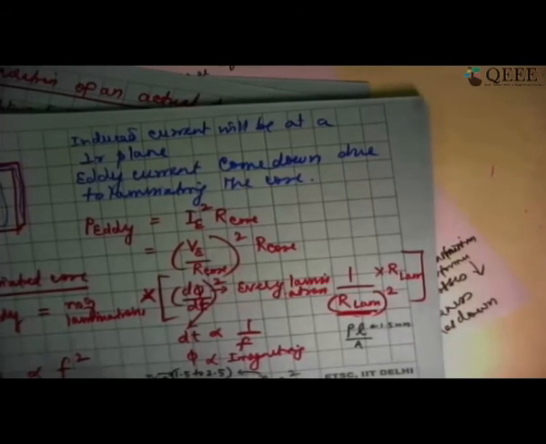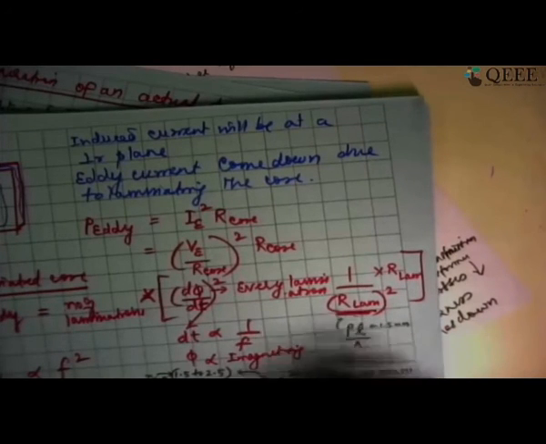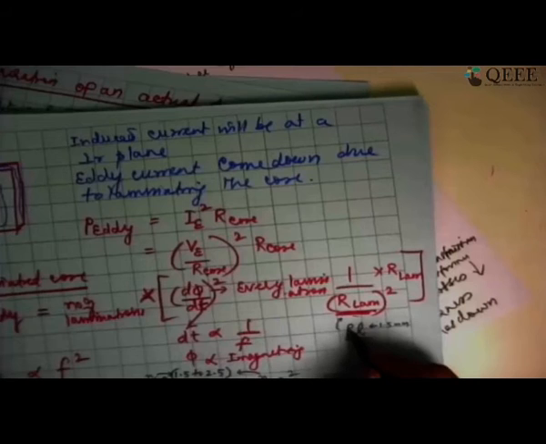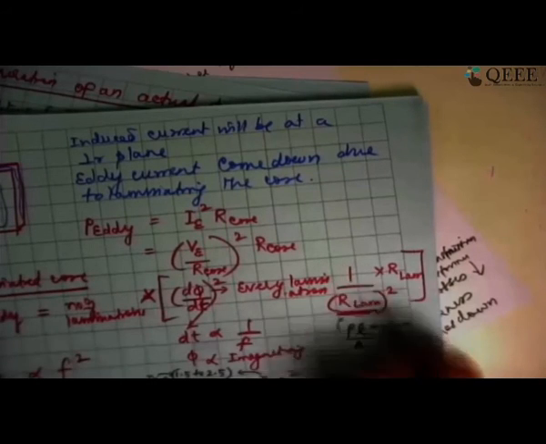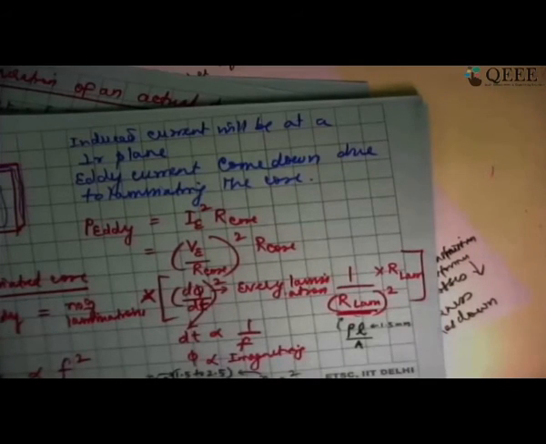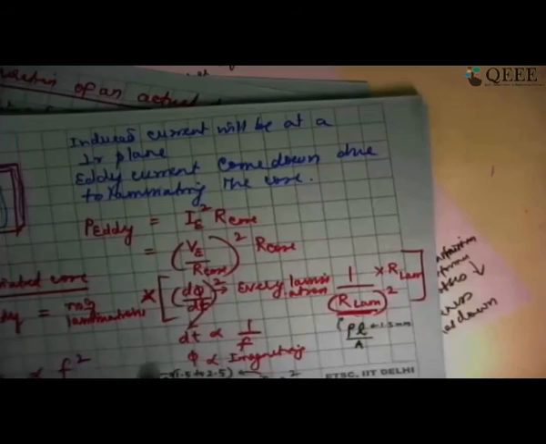So you are going to have the whole thing calculated for every lamination, depending upon the rho of the ferromagnetic material, the length of the current path, and the area of cross section through which the current is flowing. So based on that, you will have to calculate the resistance. So definitely the resistance calculation will involve thickness, because the length is decided by the thickness of the lamination as well. So that is how you are going to get this expression, right?